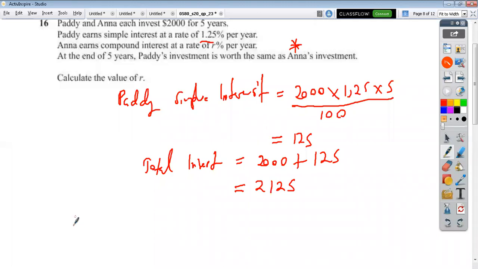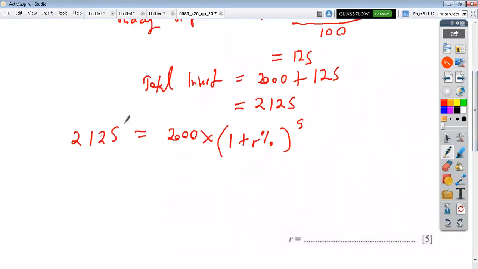Then that should be equal to what we want to find for Anna. So we are saying 2,125, since they're saying they're equal, is equal to, if it's compound interest, 2,000 multiplied by 1 plus the percentage rate raised to how many years? 5 years. Clear now? Yes, sir. Divide both sides by 2,000.